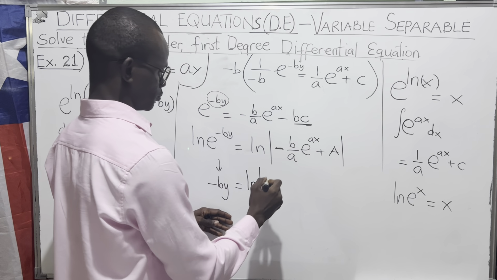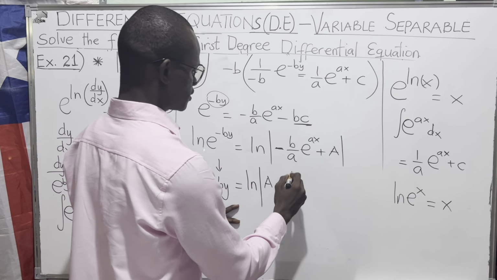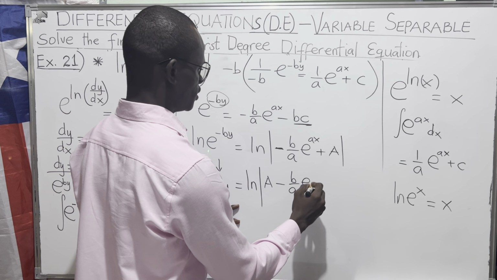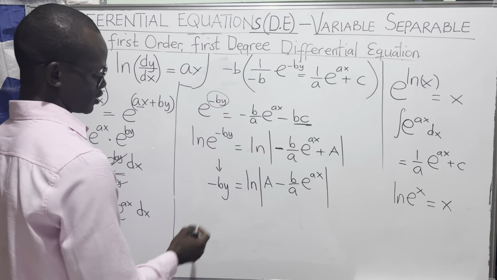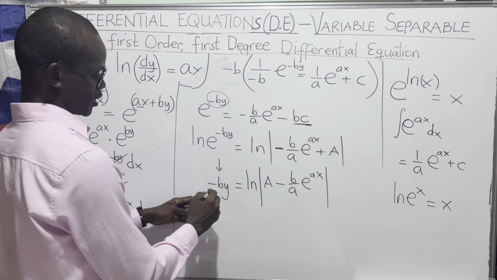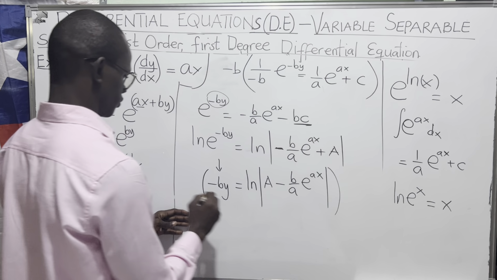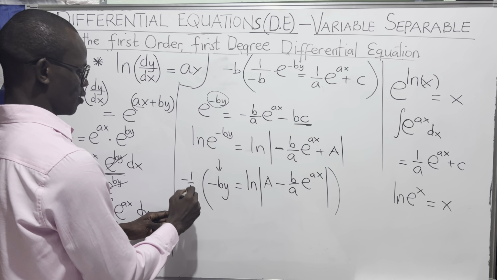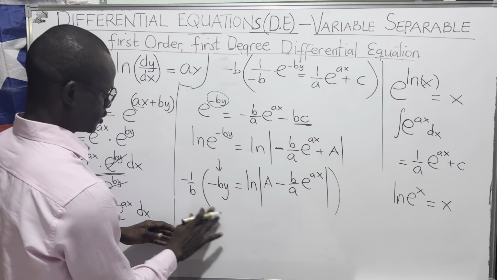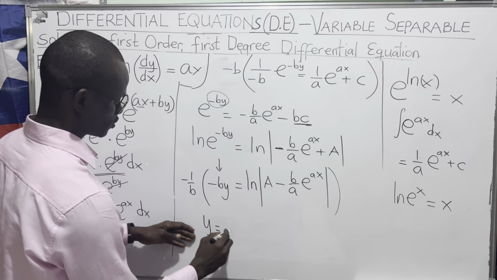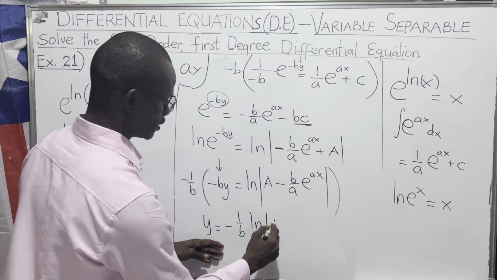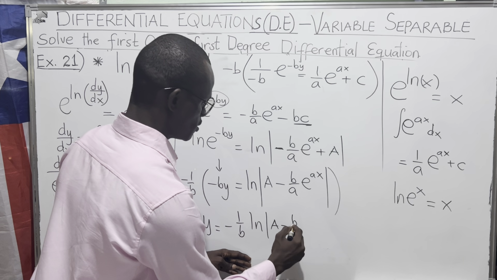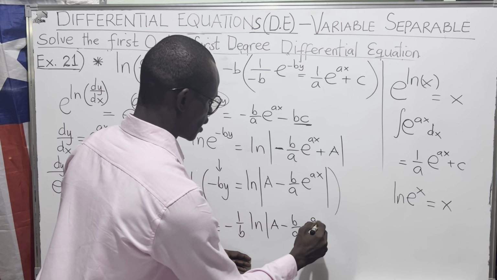So we can write it first. We have the ln of a minus b over a e raised to the power ax. If we just divide both sides by minus b, you understand that you have y equals minus 1 over b ln of a minus b over a e raised to the power ax.